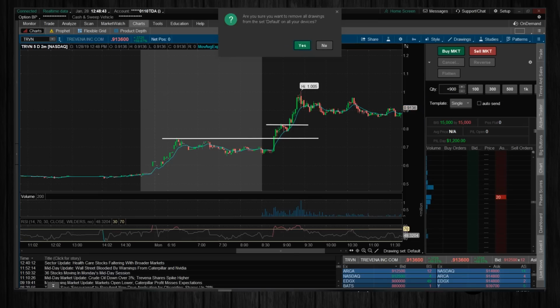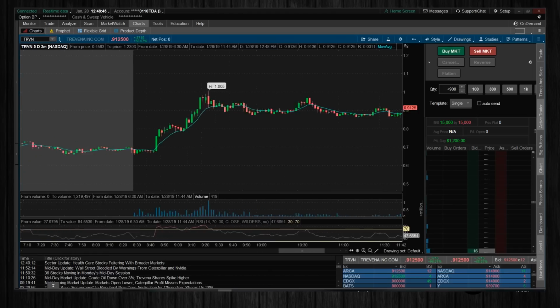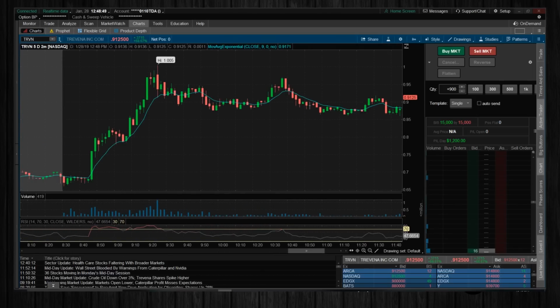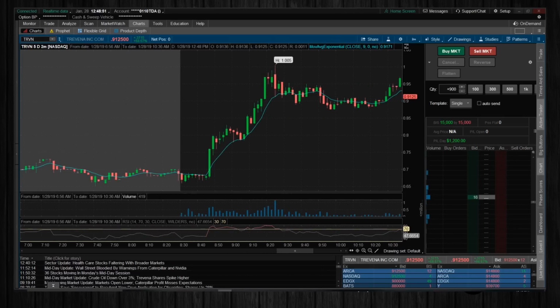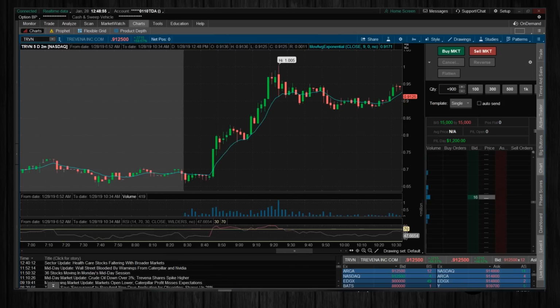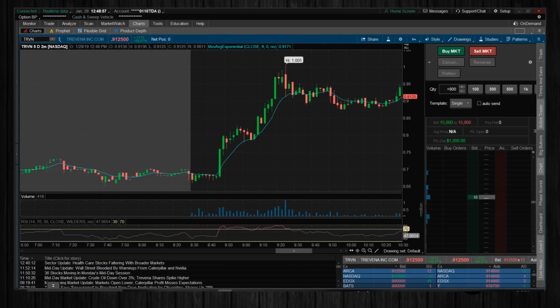Whenever I look to enter into these trades, like TRVN that I played today, what I really want to see on a stock like this is, initially, I like to look for the intraday high, then that initial spike in price, and then that pullback.